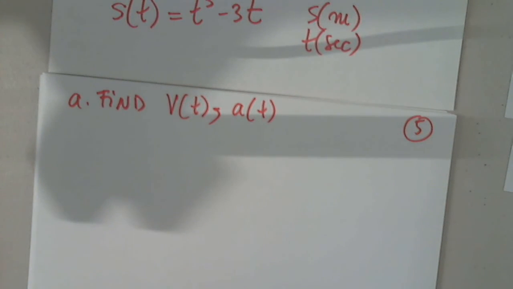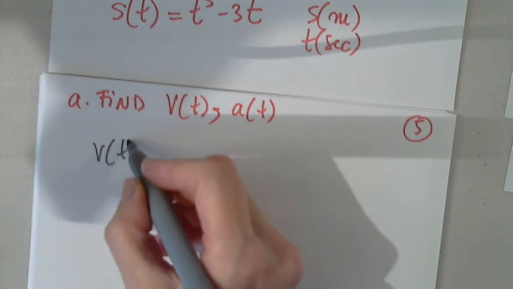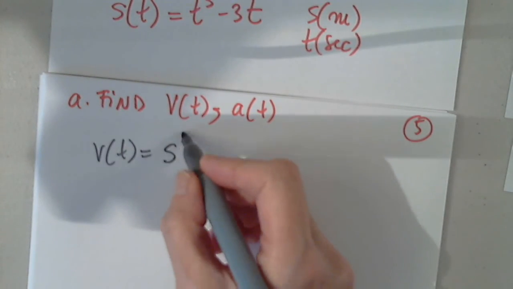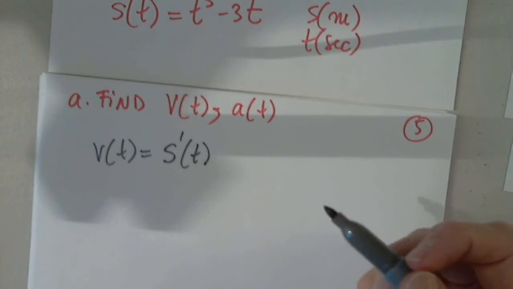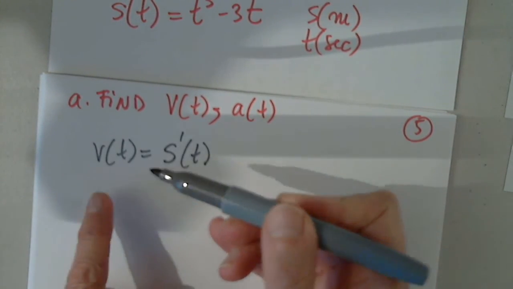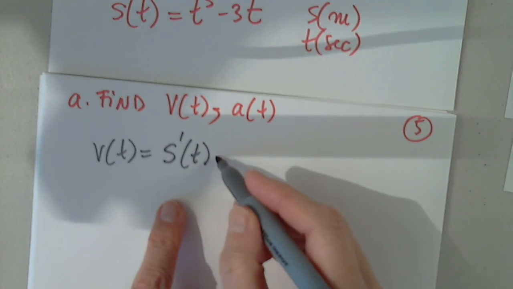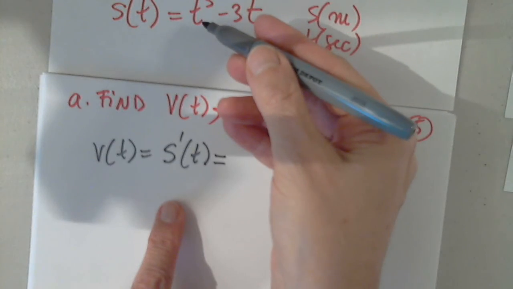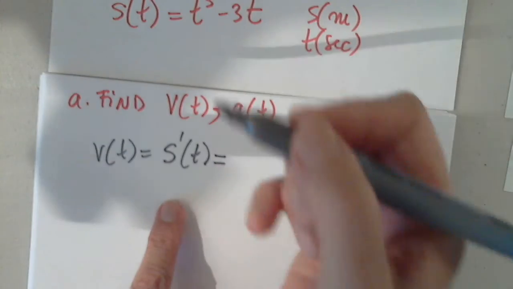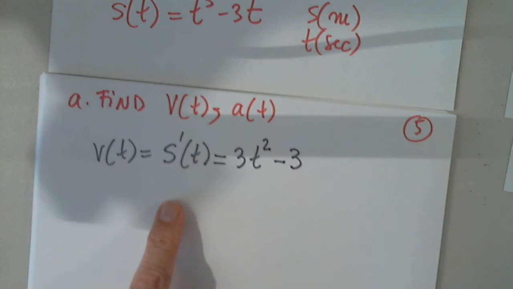First of all, we know that the velocity represents the derivative of the distance. The rate of change of distance with respect to time is the velocity. So all I have to do is differentiate the distance function, and I get 3t squared minus 3.